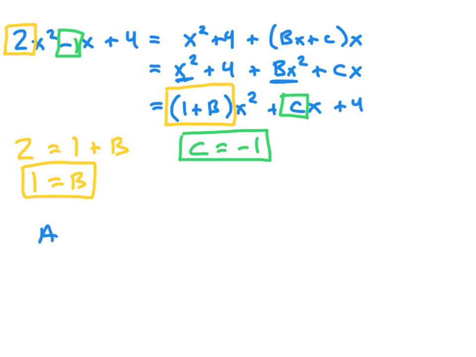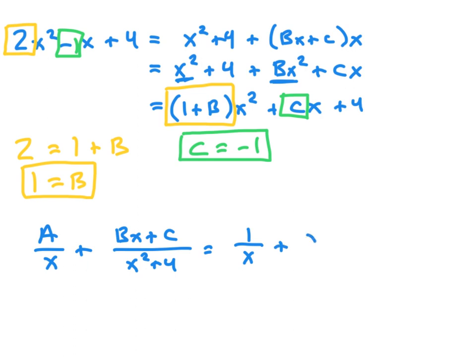So as you'll recall, we had a partial fraction decomposition of a over x plus (bx plus c) over (x squared plus 4). And substituting our values in, we have the partial fraction decomposition 1 over x plus (x minus 1) over (x squared plus 4).